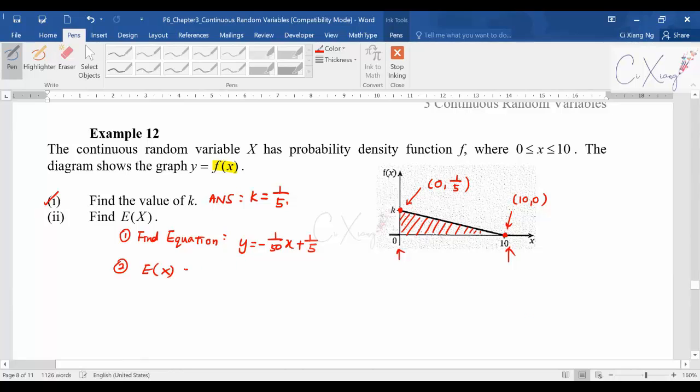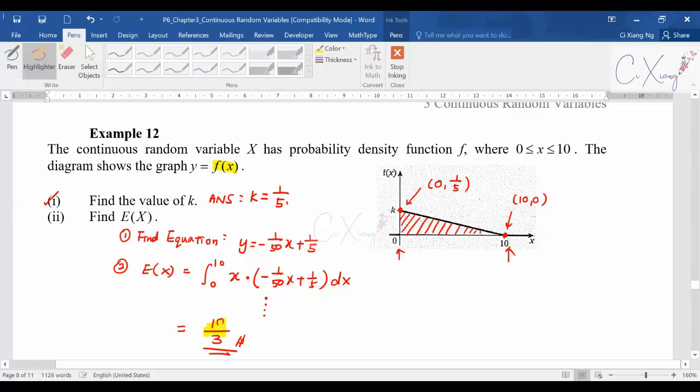All right, so to get the E(X), you need to do the integration from 0 until 10, and then you multiply the x with the function. So this is the function here, negative 1 over 50 x plus 1 over 5. Okay, so please try to apply some knowledge on the integration part. And then if you didn't do any careless mistake, you should get an answer 10 over 3.